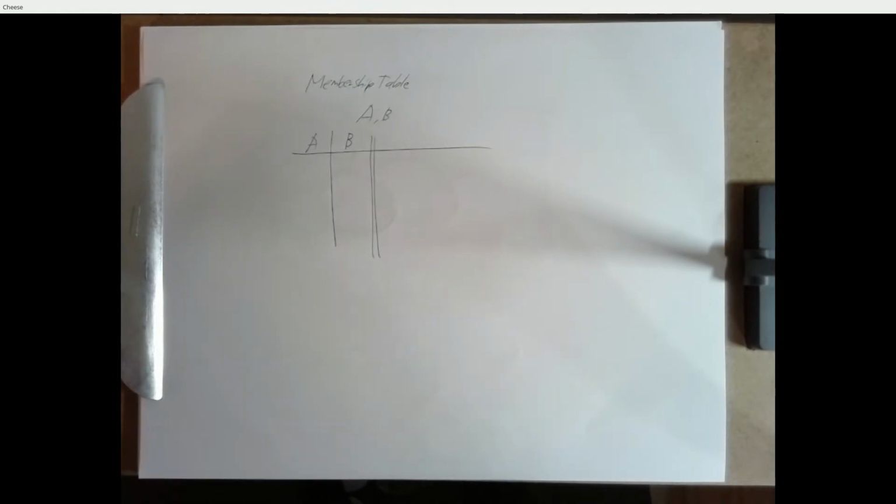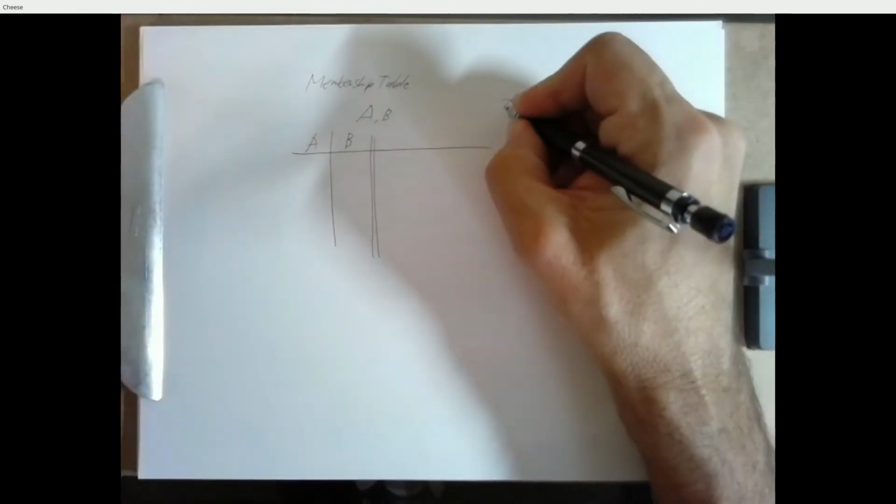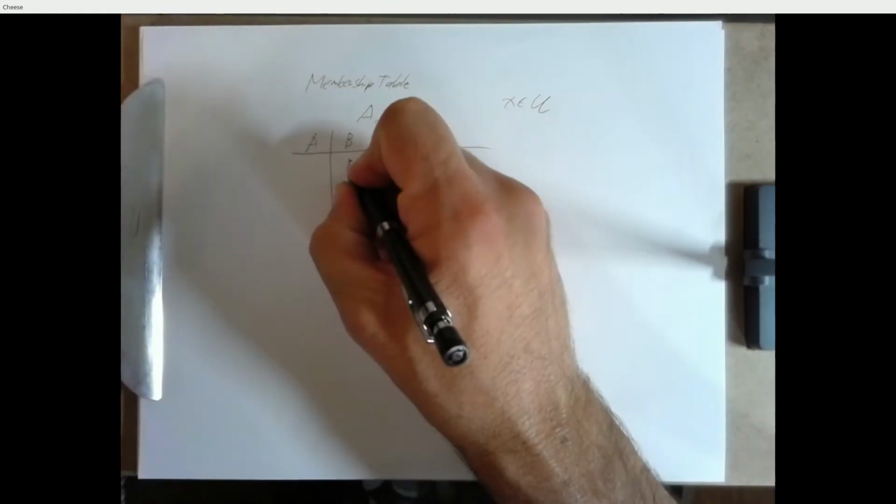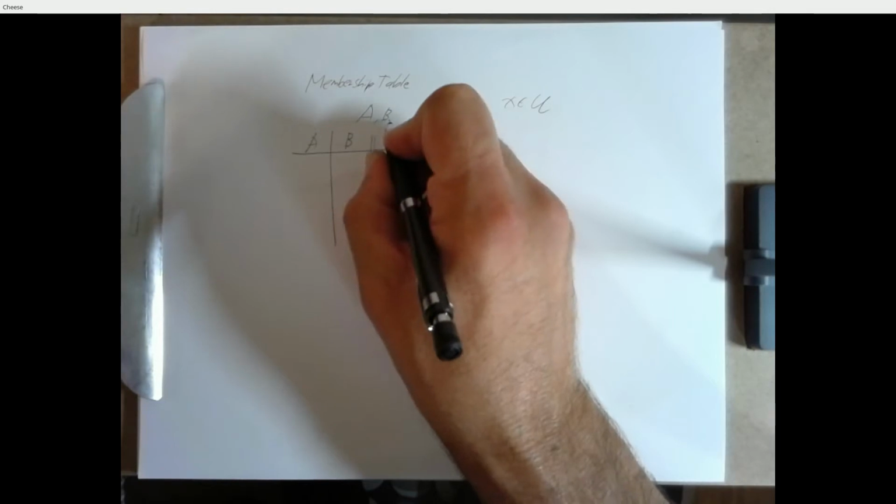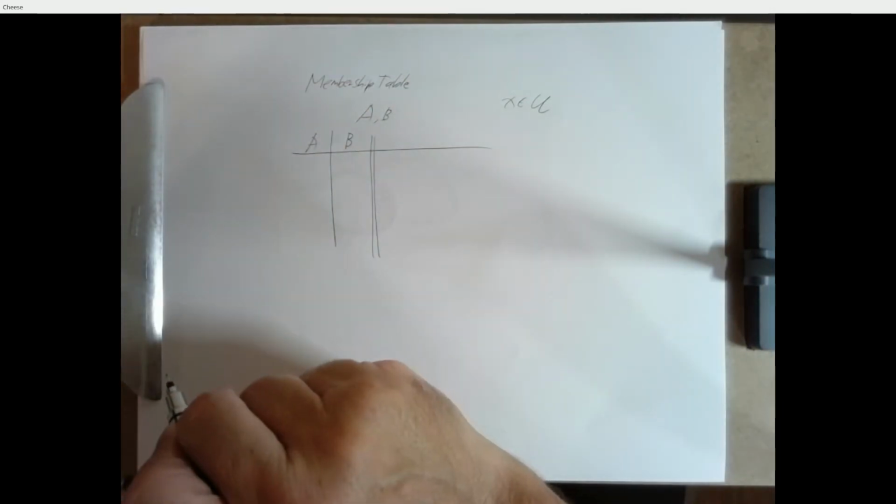Given any element X in our universe, there are exactly two possibilities. It's possible that X is not a member of B, or X is a member of B. And we're going to represent those two possibilities with a 0 and a 1.